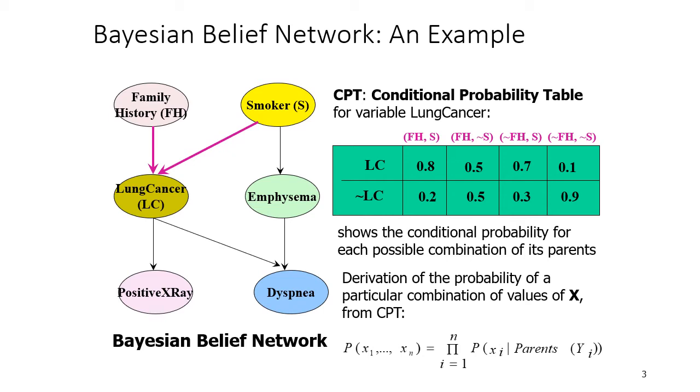So we plotted a conditional probability table for the variable lung cancer. Either lung cancer could be yes or no, and based on that we mapped family history for smoker, family history for non-smoker, non-family history for smoker, and non-family history for non-smoker.